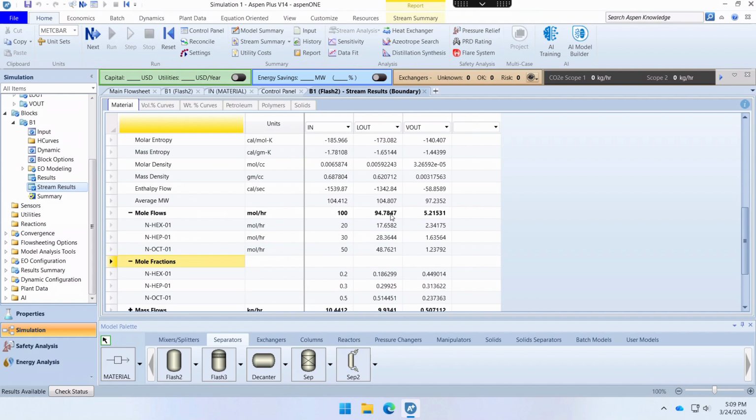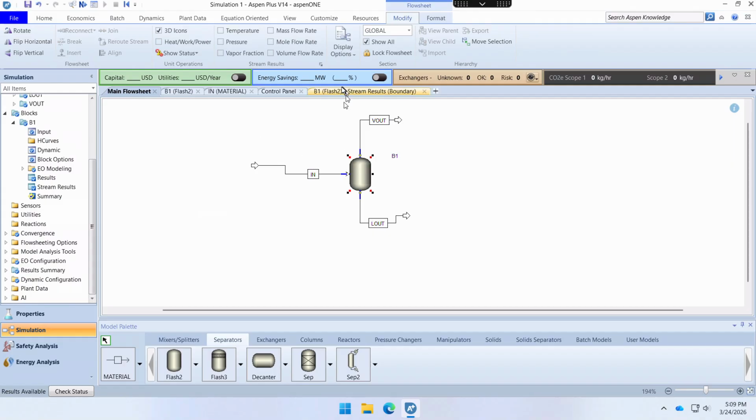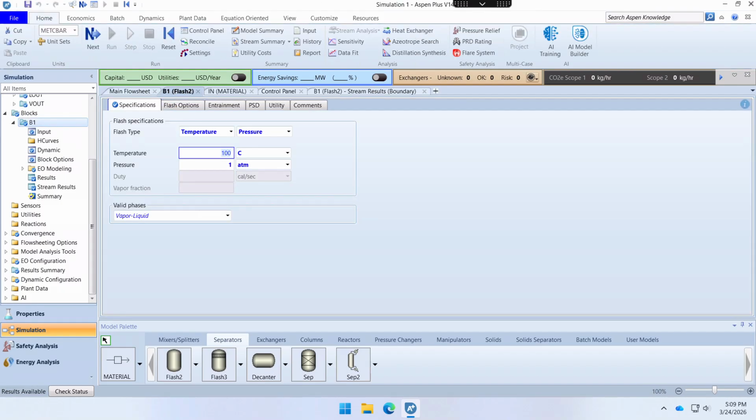And so if I want to determine the bubble point, I can bring the temperature down until there's very, very little vapor and mostly liquid. So I'm going to start by just manually bringing the temperature down. So 100, let's try 95. Let's run our simulation and look at the stream results.